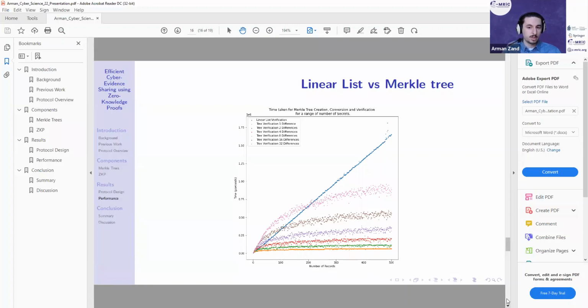And then we compare that with the binary tree, the Merkle tree, where the nodes are replaced with the zero knowledge proofs. And you can see the pattern that it is indeed logarithmic. And even when there are more differences, so more leaf nodes are different, where it has to check more random paths, it's still more efficient when there is a large number of records. Next slide, please.